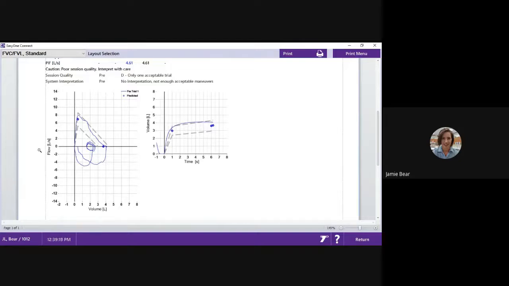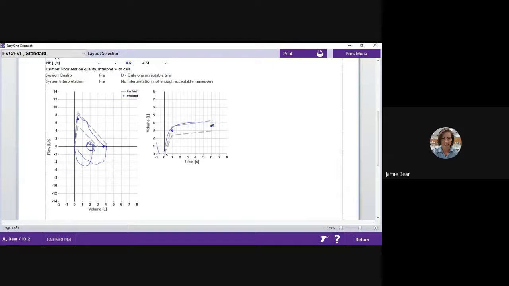That's why it's called a flow volume loop. There are 2 variables graphed against each other. This here is called a volume time scalar. On the vertical y-axis is volume in liters, and down here on the horizontal x-axis is time in seconds. So I did inhalation and exhalation, and it just charted along my volume.